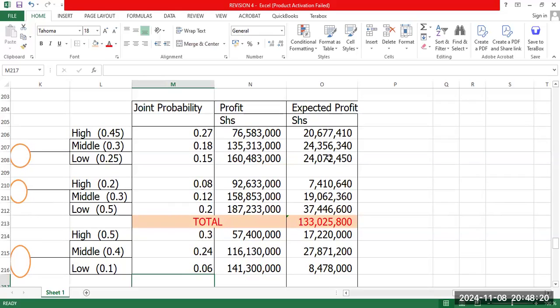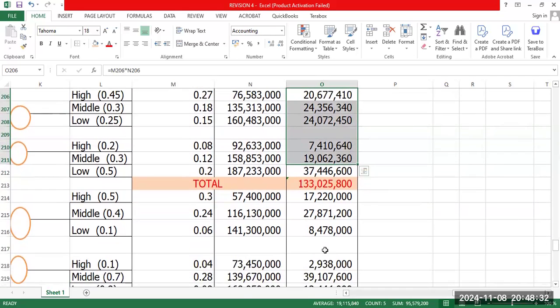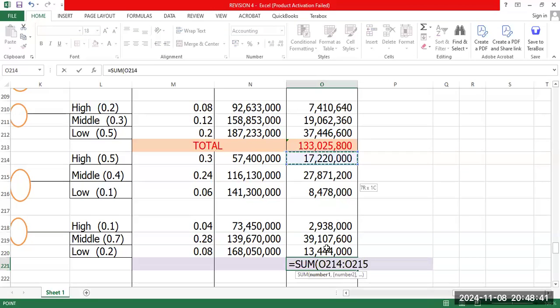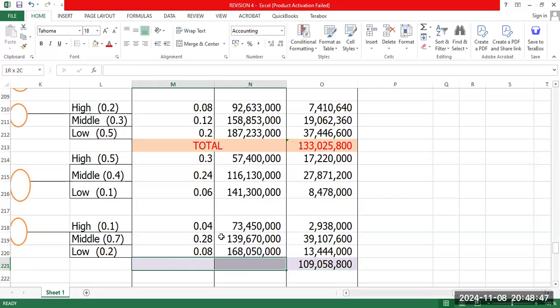We are only adding this. Then here, if I add from here up to here, that's what I get.